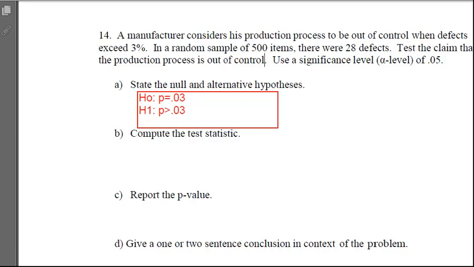So I'll go ahead and use the formula. The first thing we need to do is figure out our p-hat. So p-hat is going to be the sample proportion of defects. So I take 28 over 500, and that's equal to 0.056.